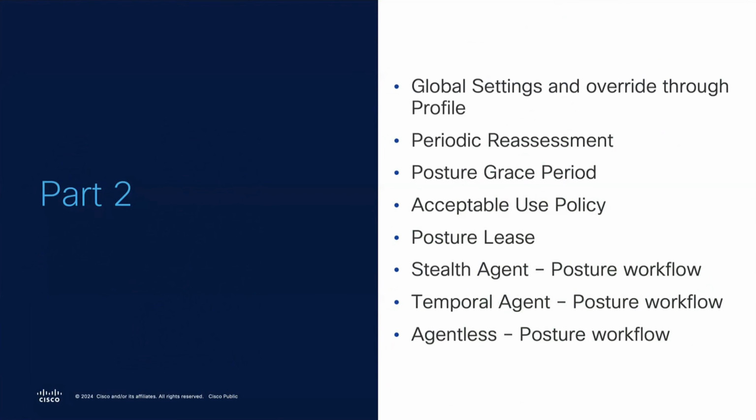We haven't asked the client to go through periodic reassessment. I want my endpoint to go through the posture policy evaluation again and again, every 8 hours or 4 hours, so that I can update the access accordingly.